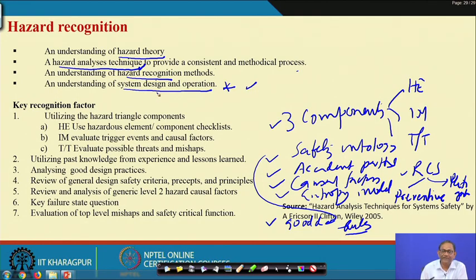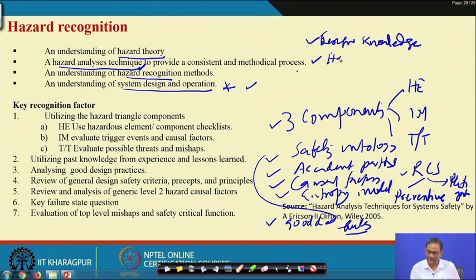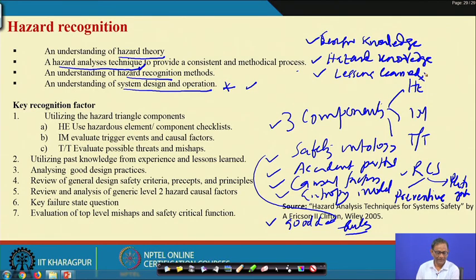If you do not have the system knowledge, you cannot do it. So, your design knowledge is very important, then your hazard knowledge, then your lessons learned, very important.